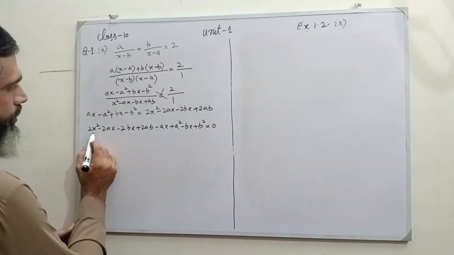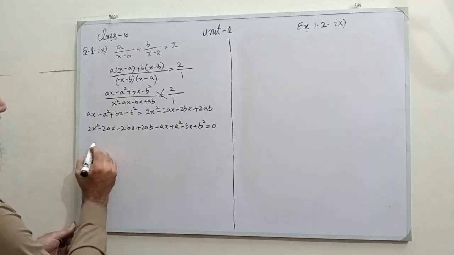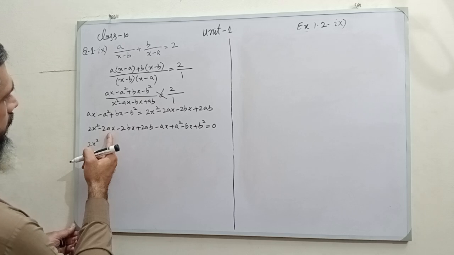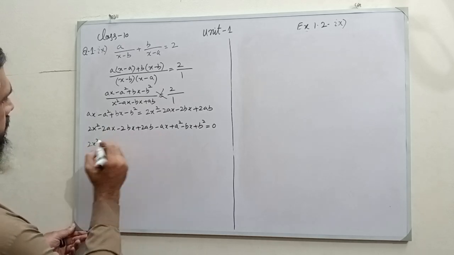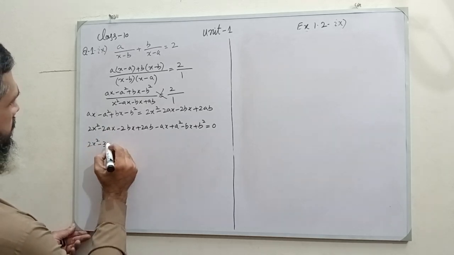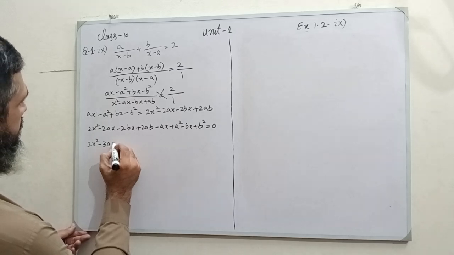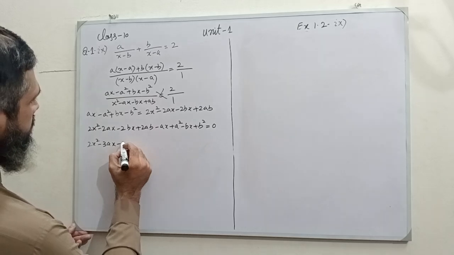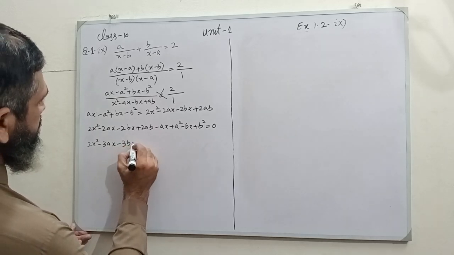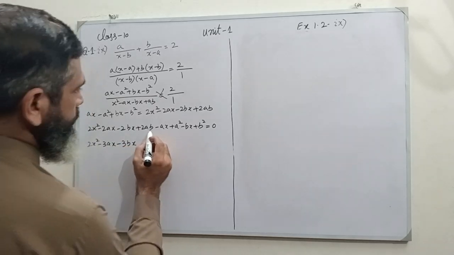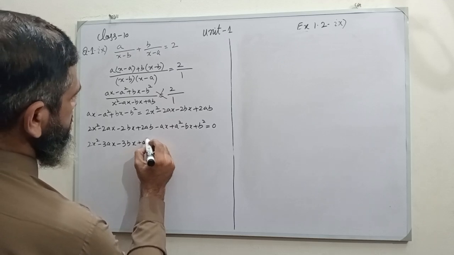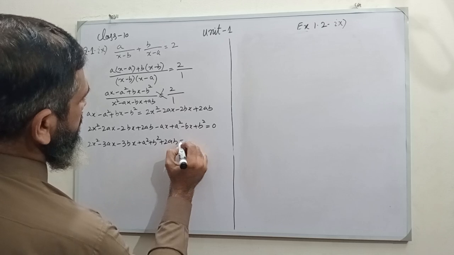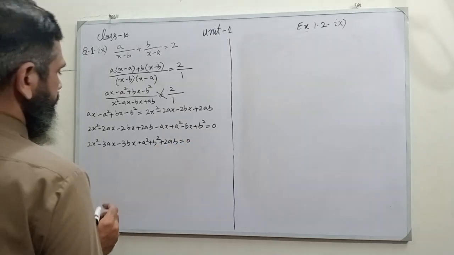Here 2x square, this one 2x square minus 2ax and minus ax, it will be minus 3ax, minus 2bx and minus bx, it will be the minus 3bx. So this one is plus a square plus b square plus 2ab equal to 0.